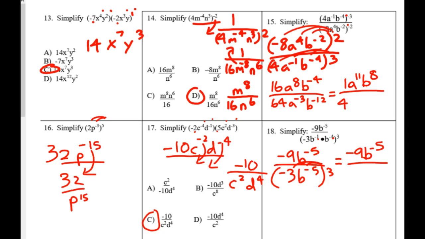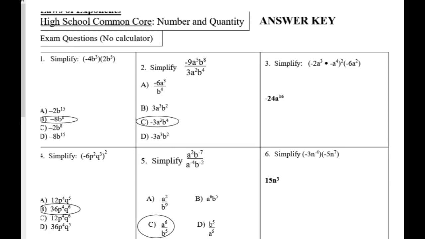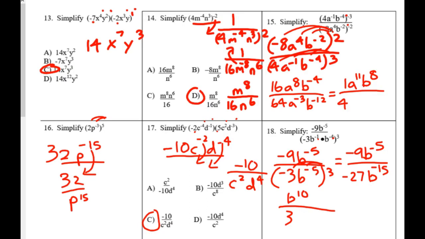Negative 3 cubed is negative 27. And negative 5 times 3 is negative 15. Negative 9 over negative 27 is 1/3. Negative 5 minus negative 15 is b to the 10. Cool. So, there you go.